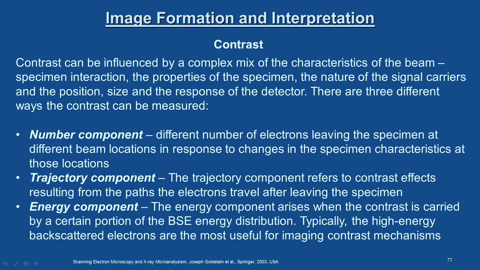And then you have the trajectory component. The trajectory component refers to a contrast effect resulting from the paths the electrons travel after leaving the specimen. You see the electrons are coming out of the specimen surface. As I showed in the previous slide, the electron travels in very arbitrary pathways depending upon the energy it has.